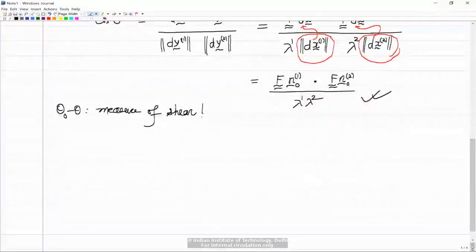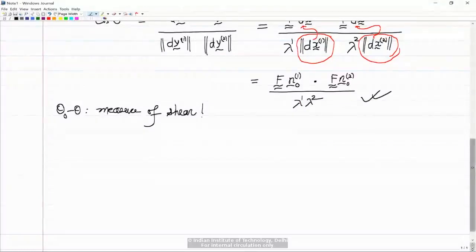We got it very easily. What's the next thing that we can look at? Also notice that this formula depends on both n01 and n02. It is of course dependent on the point x, but also on the two directions of the line element that you chose.